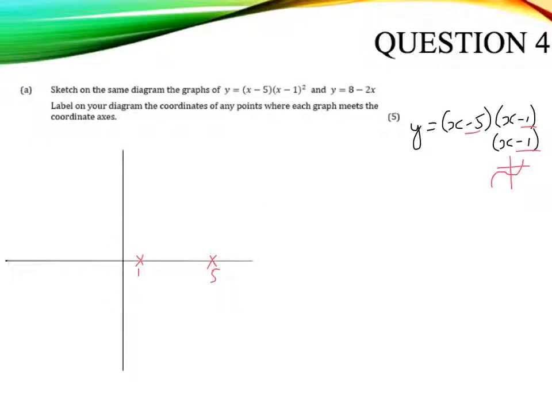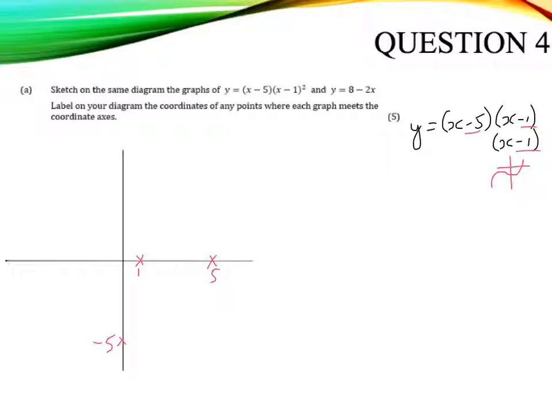So if I multiply minus 5 by minus 1, I get positive 5, multiplied by minus 1 again, I'm going to get minus 5. So I also know that my graph is going to cross at minus 5 down here. Let's have a little go at sketching this out then.